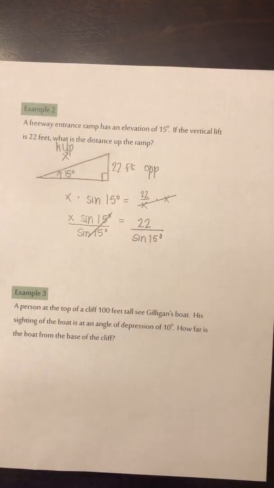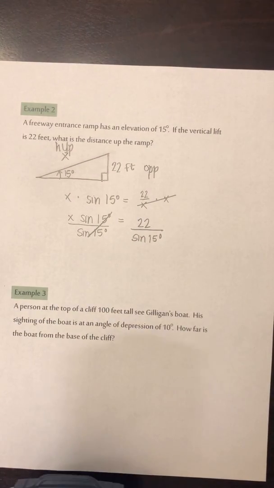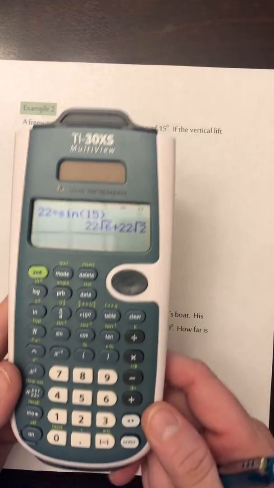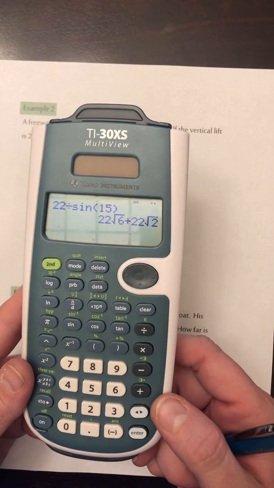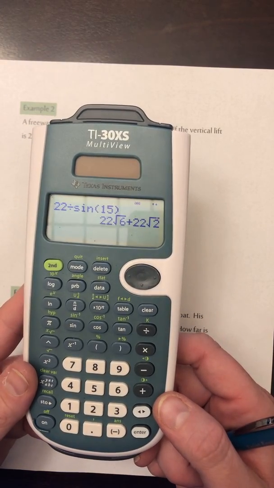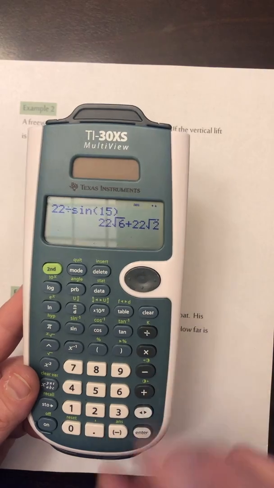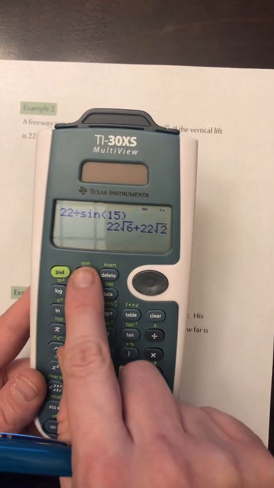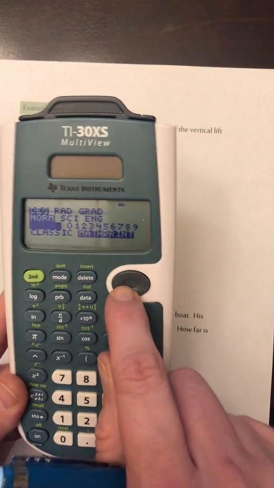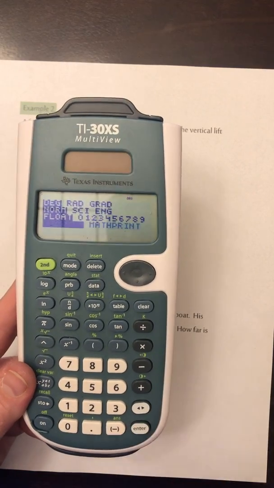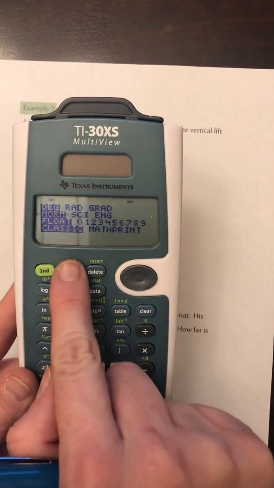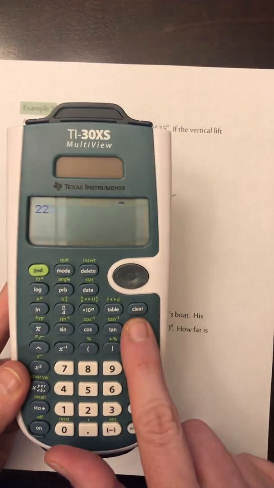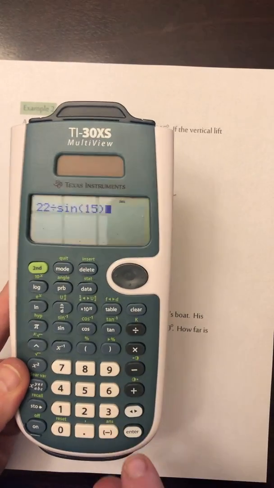And now that I have X by itself, I'm going to use my calculator and do 22 divided by sine of 15 degrees. Mine currently is in math print, and I don't want that answer because I want to round it to the nearest tenths place. So I'm going to go to mode, and I'm going to put it back on classic because I've highlighted classic. And I'm going to get out of that and type it again. So I'm going to do 22 divided by sine of 15 degrees.